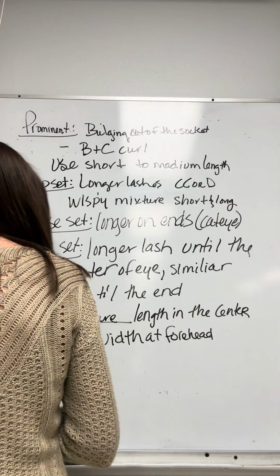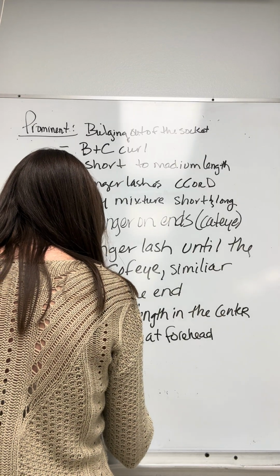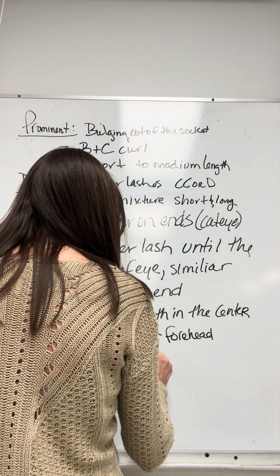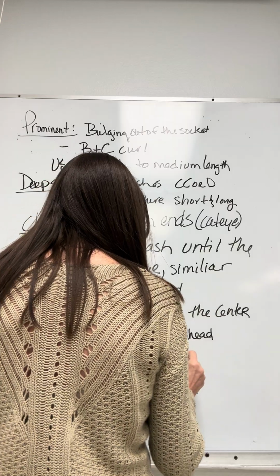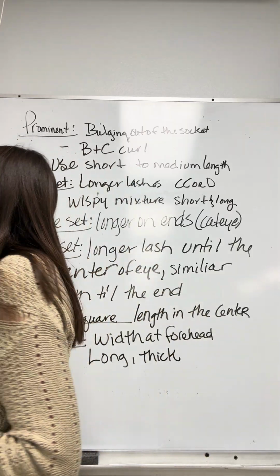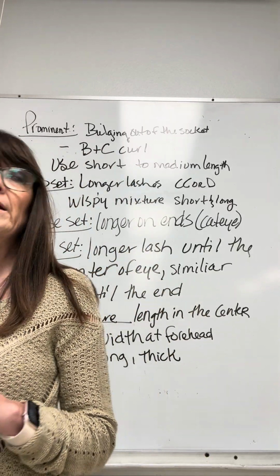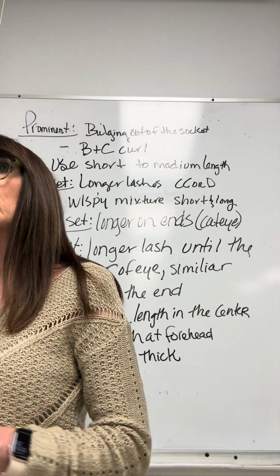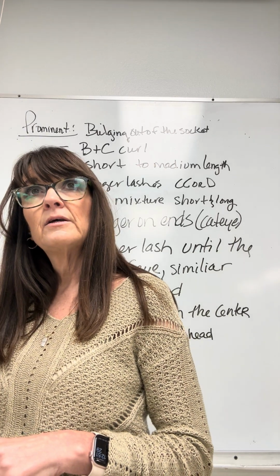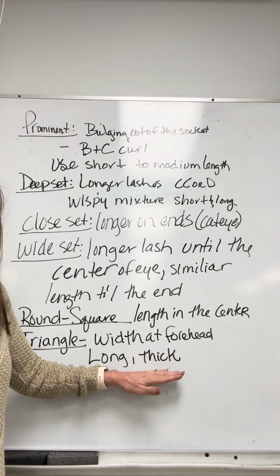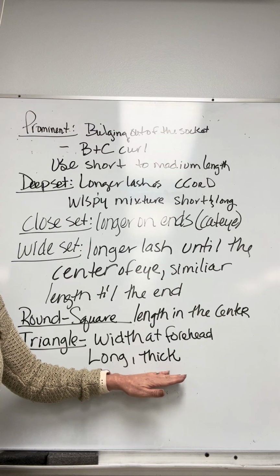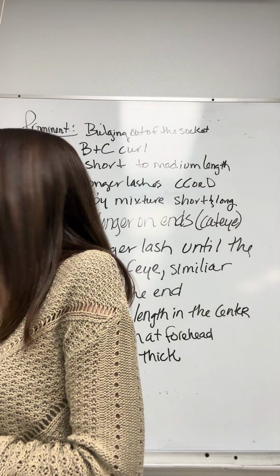Long, thick lashes. So you can use long, thick lashes all the way across, okay? But what if they are triangular shape, but they have a deep set eye? You don't want to use real thick because that's going to make her eye look dark and probably set her eye back further.